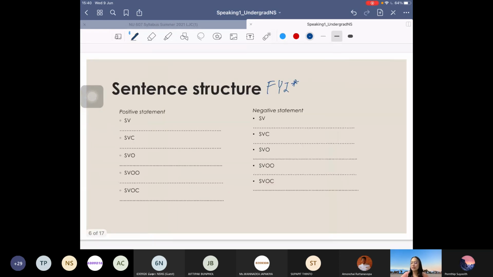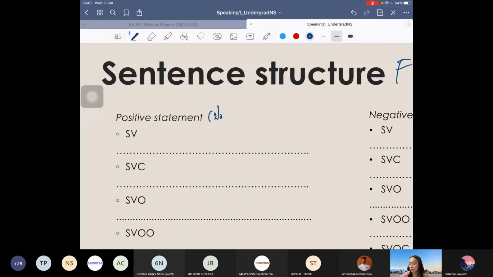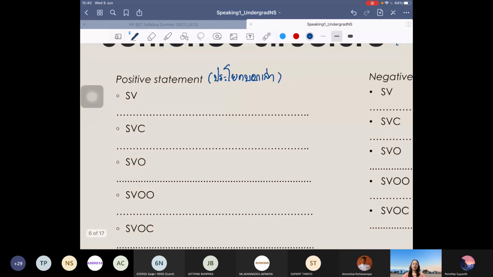Positive statement is an affirmative sentence. If you want to say an affirmative sentence, how do you say it? Actually we do have only 5 basic sentence structures, and what you normally see in a textbook or on the news report, they add modifiers and make the sentence more complex.